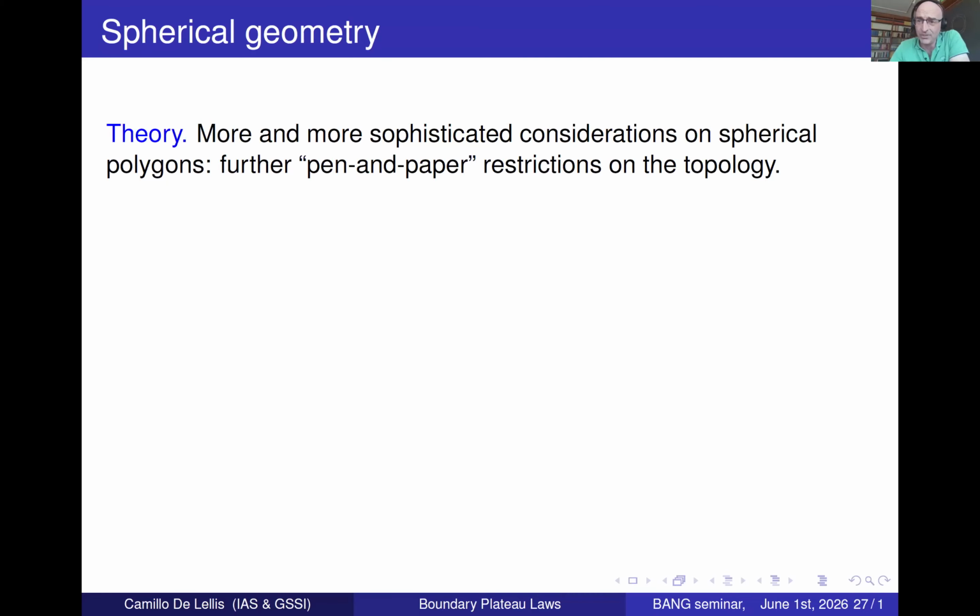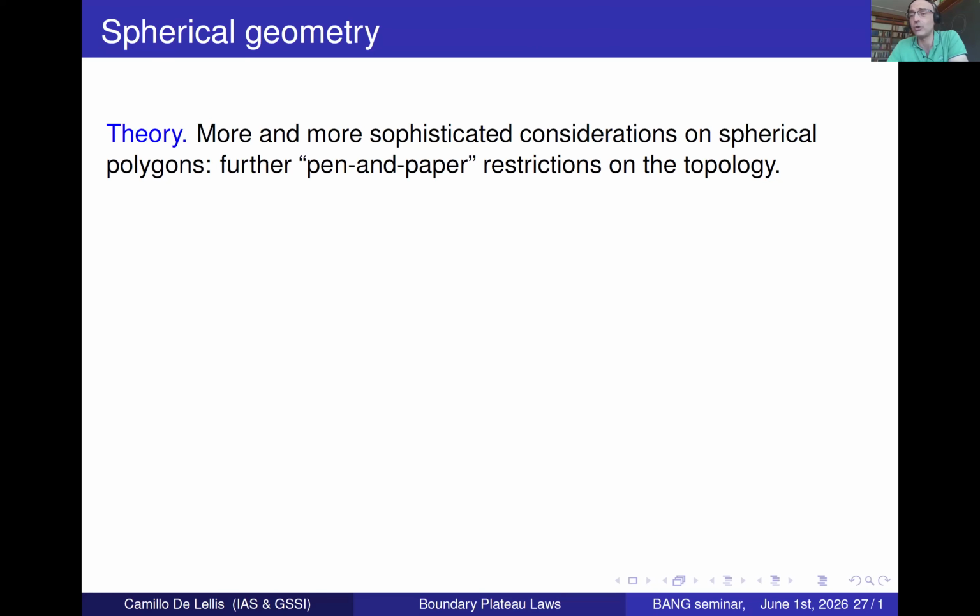For instance, one thing is already written in the paper by Hepes. If you have a pentagon with internal angles of 120 degrees, this pentagon cannot have an edge in common with a triangle which has internal angles of 120 degrees.